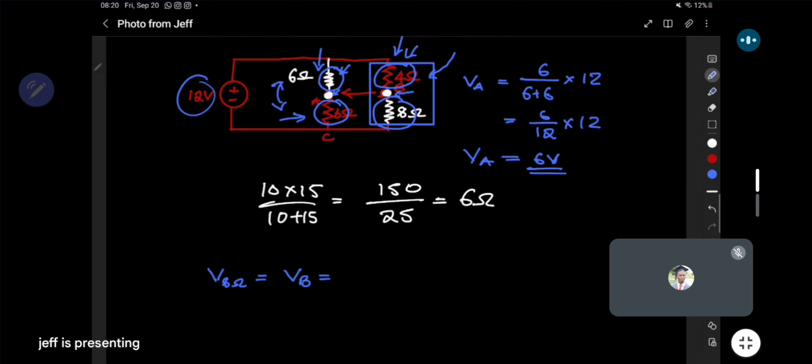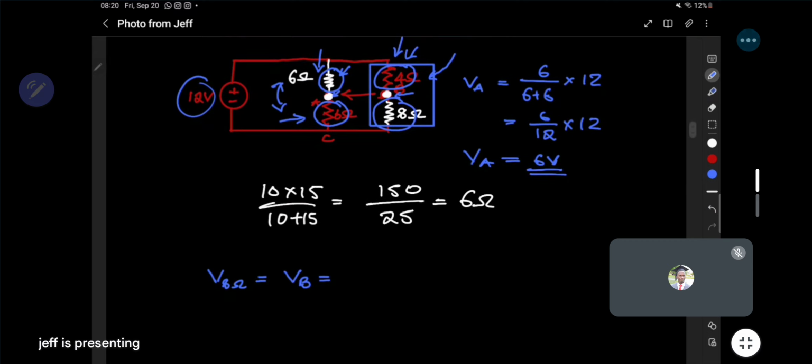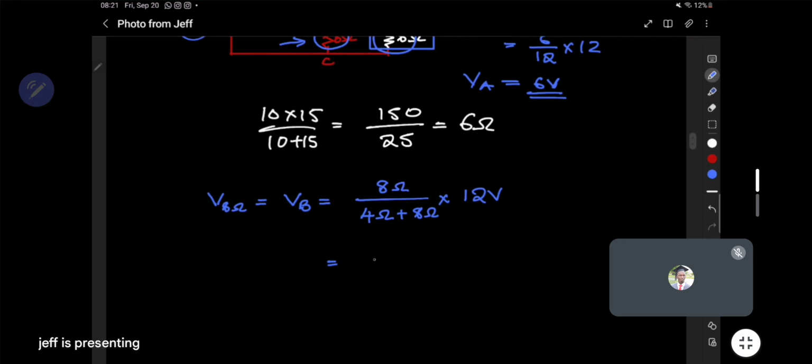So we'll use voltage division again. So how do we use voltage division? It is that resistor, which is the 8 ohms, divided by the two resistors in series, multiplying the voltage they were sharing. These were sharing 12 volts. So from here, we have 8 divided by, when we add these, we have 12.